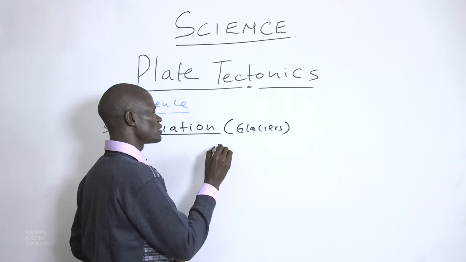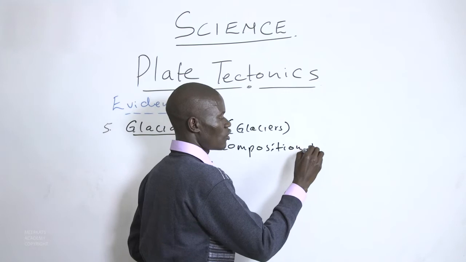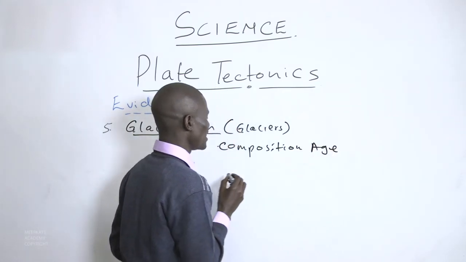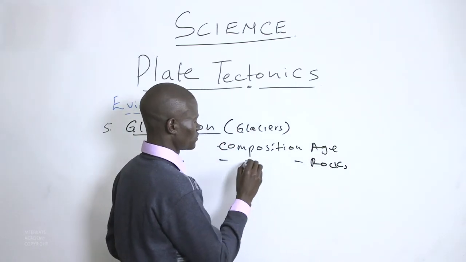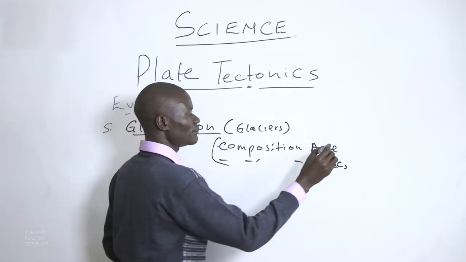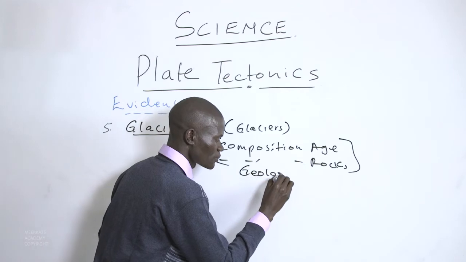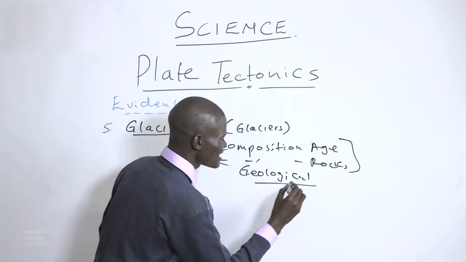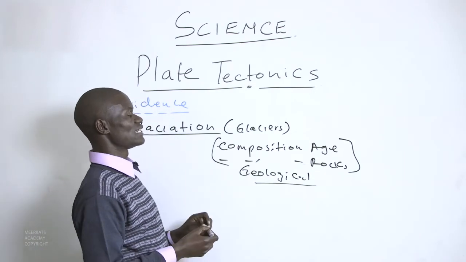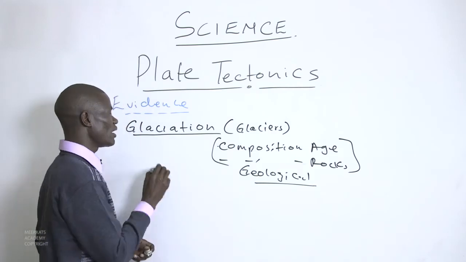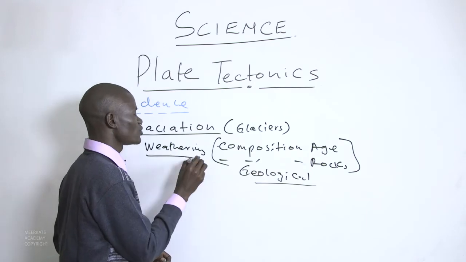And actually, when you look at the composition of the edge of the glaciers and the edge of the rocks, you will find them being formed in almost the same geological age, which can be traced during the glaciation period. In the formation of glaciers, remember, we are talking about some form of weathering that happened during that time.